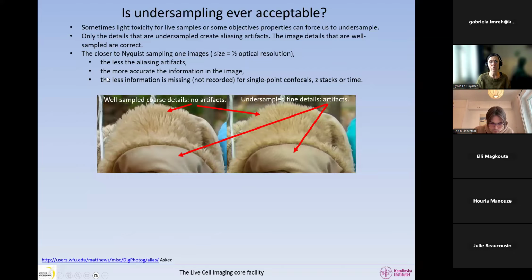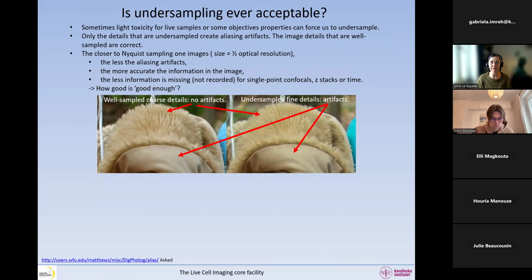So we really need to consider that it's a continuum of details. It's totally okay to acquire an image like this if you're not interested in this structure. If you're only interested in this structure, you're going to be fine with this undersampled image.